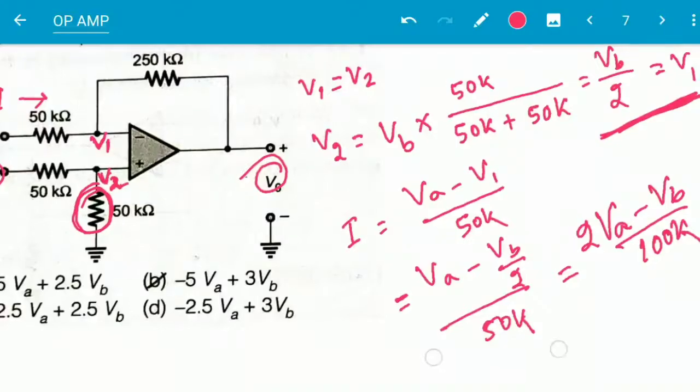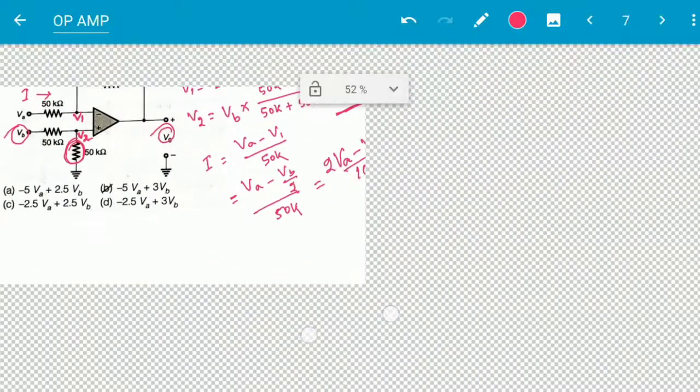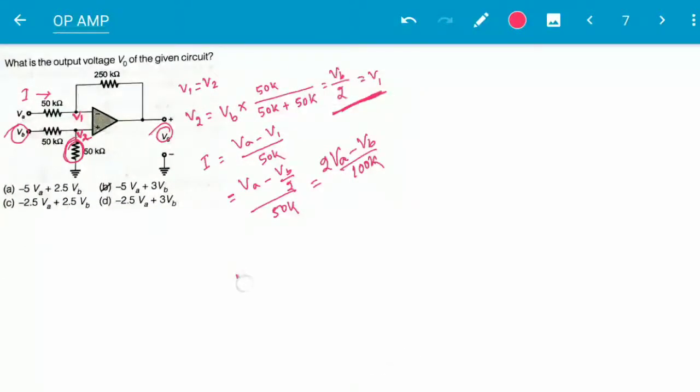If we consider V0, by KVL, V0 will be V1 minus I into 250k. Here is the loop.